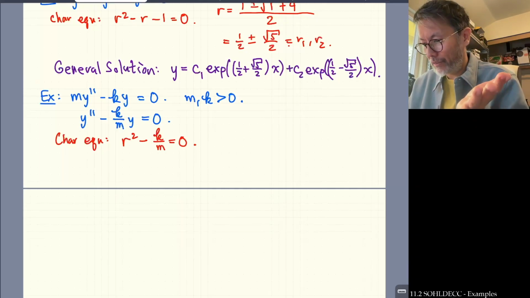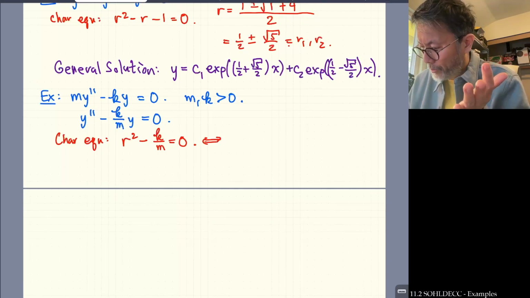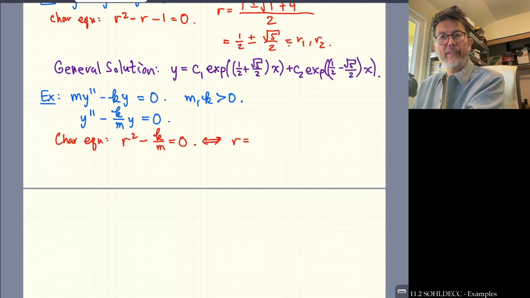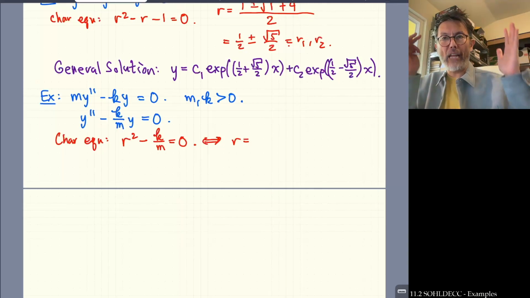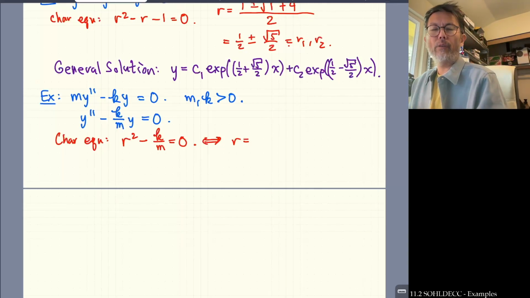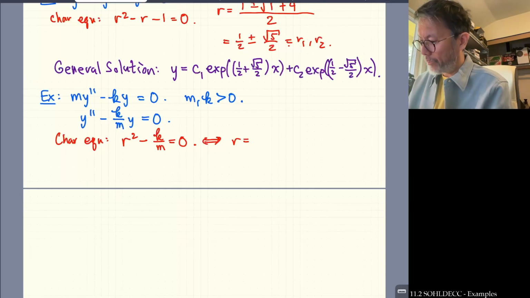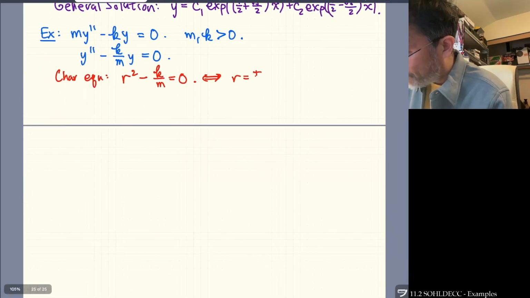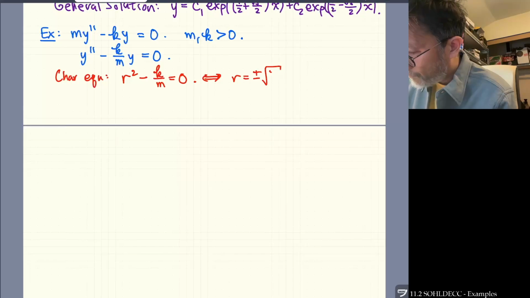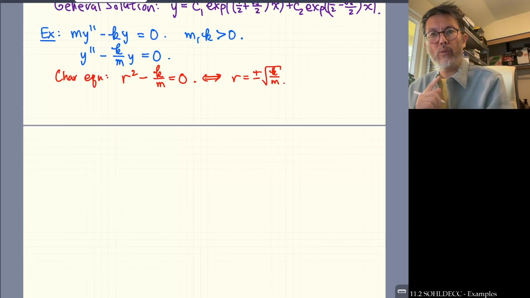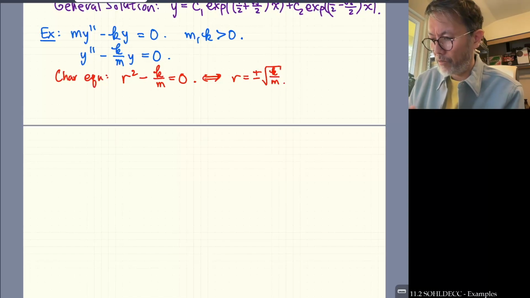In which case, the solutions are, this is equivalent to r being equal to, so add k over m to both sides, take the square root of both sides, you get that the absolute value of r is equal to the square root of k over m. So r is equal to plus or minus the square root of k over m. If any of that was mysterious, make sure that you go back and study and review that.